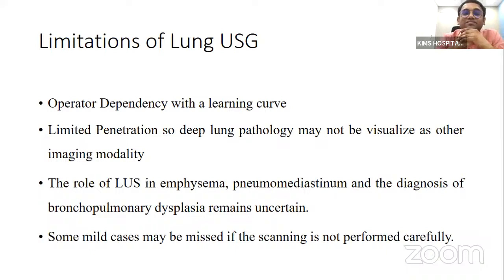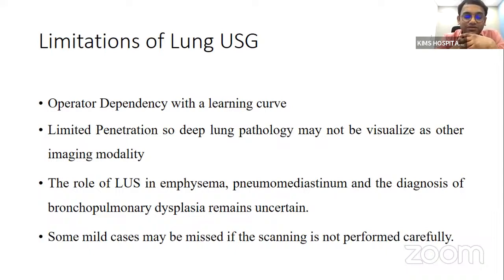And as we've seen, in the majority of the pictures we can see only the superficial pathological pictures. So penetration deeper is a problem with lung ultrasonography. Deep lung pathology may not be visualized, unlike other modalities like CT, so we may miss some deeper lung pathological conditions.